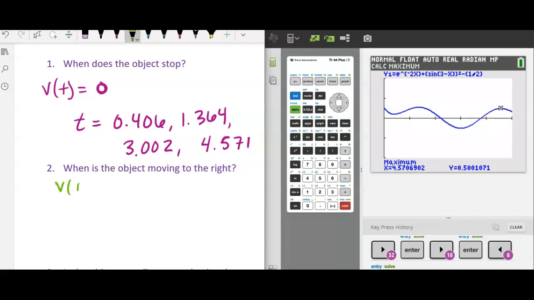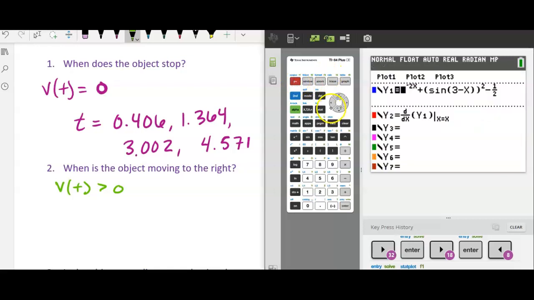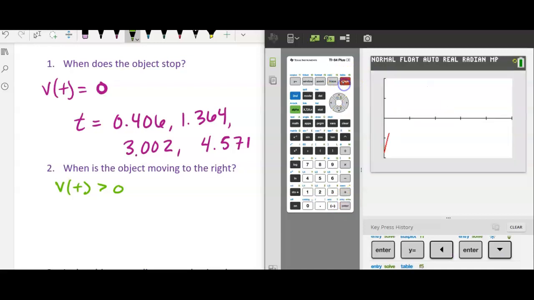Well, the object moves to the right when velocity is positive, or when position is increasing. So I'm going to look back at my velocity function. Since I already know these zeros, because they were the max and mins of the previous function, I know that velocity is above the x-axis between 0.406 and 1.364.